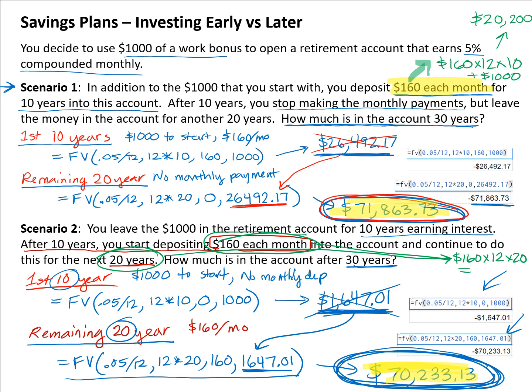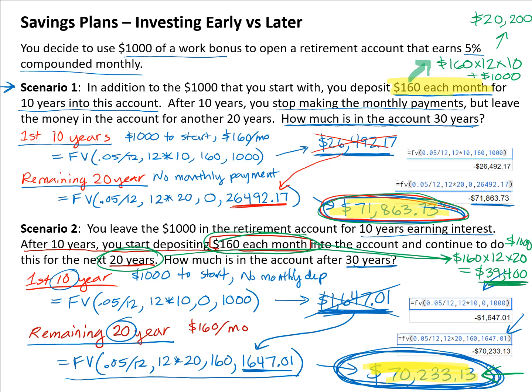And when you add it to the 1,000 that we started with, that ends up being $39,400. I've actually put in, as I mentioned, almost twice as much money in scenario 2 and earned less after 30 years. I only have 70,000 in this account, even though I put more money in, compared to scenario one where I just deposited that money early.